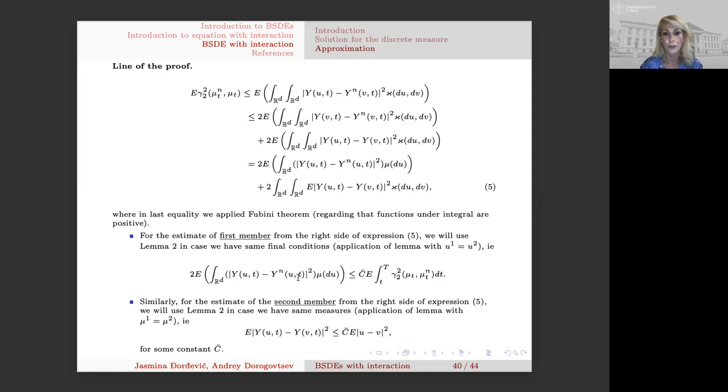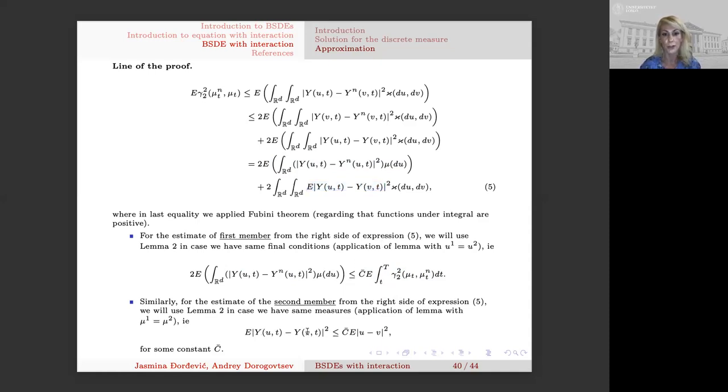For the first member, we see that we have the same final condition, and what changed here is only the measures, mu n and mu. So from lemma 1, this expectation is bounded by the integral of the Wasserstein distance. For the second member, we first estimate this expectation within the integral.